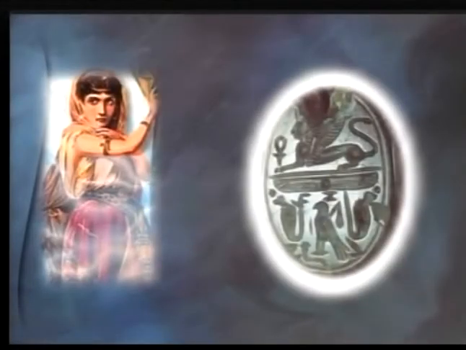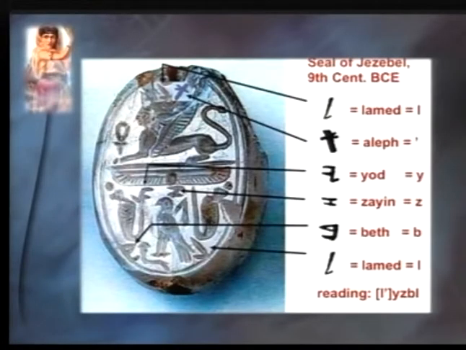Very interestingly, with archaeology, they discovered a seal, a ring, which they believe belonged to Queen Jezebel. This particular picture shows you quite clearly some of the markings they found on it, and they found her name written on it.